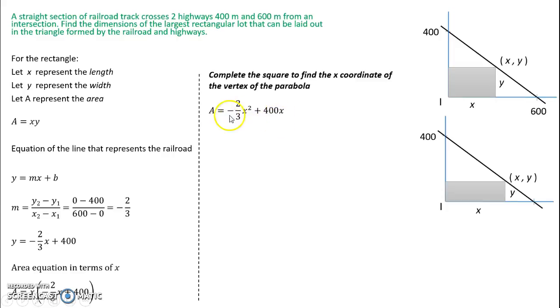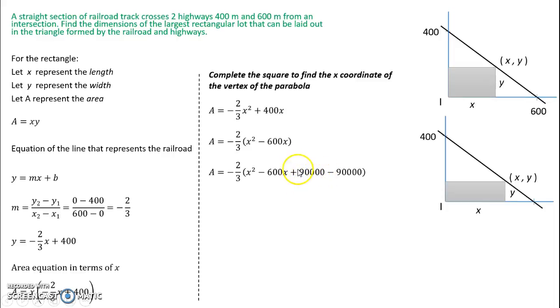Now we're going to complete the square in order to find the x coordinate of the vertex, so the length. First, we factor out negative 2 over 3, and then we take half of negative 600, which is negative 300, and square that to get 90,000.